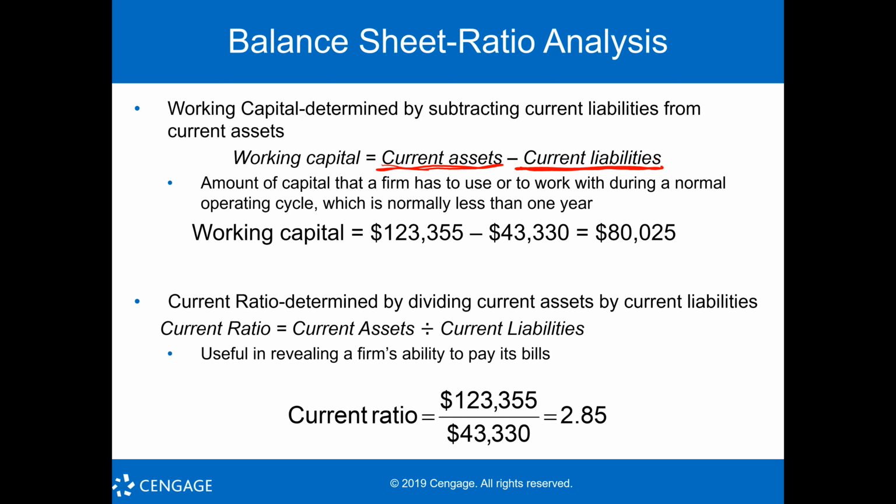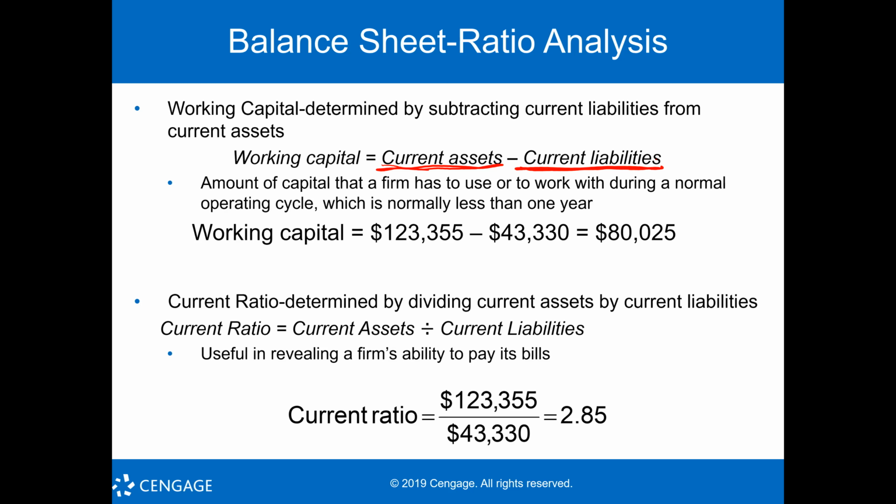Again, we expect to pay off current liabilities with our current assets. So essentially, this tells us the amount of money we have to work with once our current liabilities are paid off out of our current assets, right? So the amount of capital that a firm has to work with during a normal operating cycle, which is normally less than 1 year.